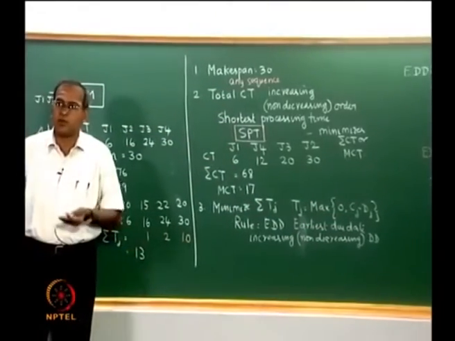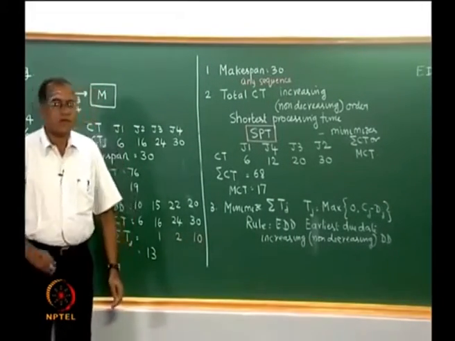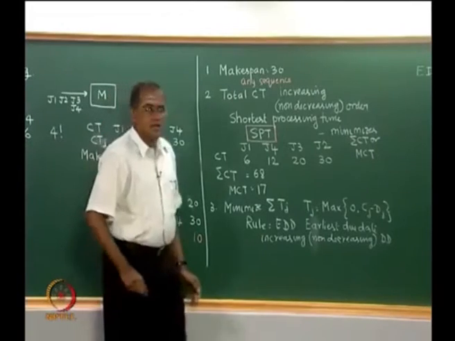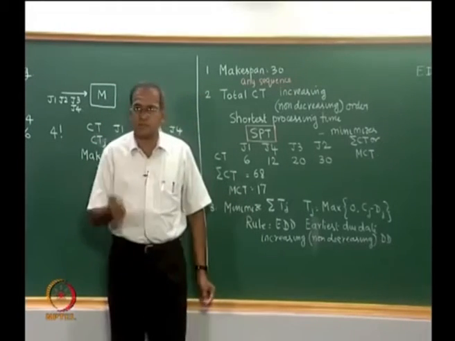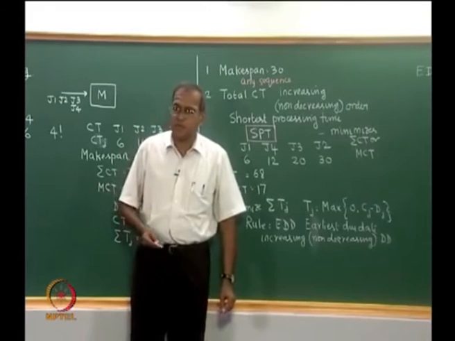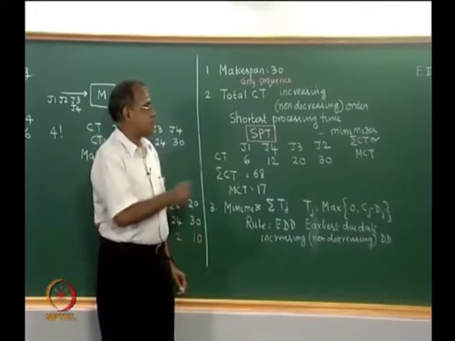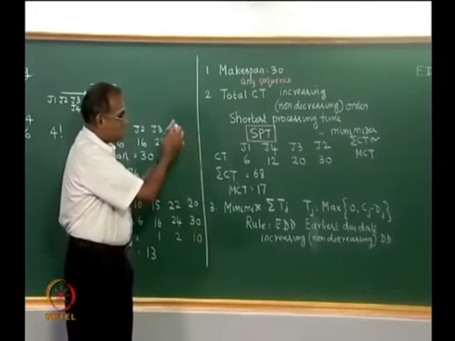So, SPT also minimizes mean lateness or total lateness, and there are other rules which would say that if SPT or EDD gives only one tardy job, then it minimizes the number of tardy jobs, and so on. So, there are some interesting rules and algorithms which are available, but we have seen a small subset of it.